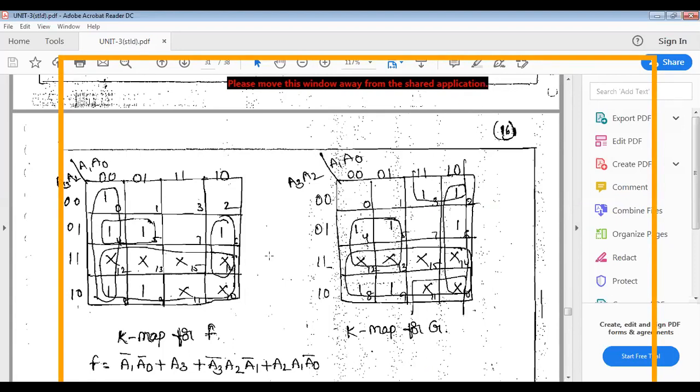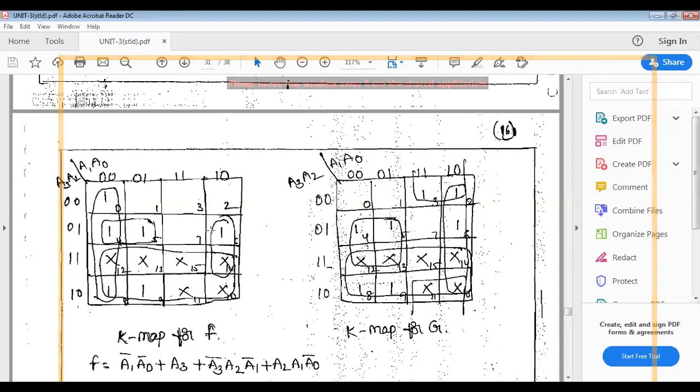Coming to 0, 4, 5, 6, which are remaining. To cover the 0, you go for the 4 box combination, it is also okay. And 5 is remaining and 6 is remaining, my dear students. So for the 5, don't go for the 2 box combination here.